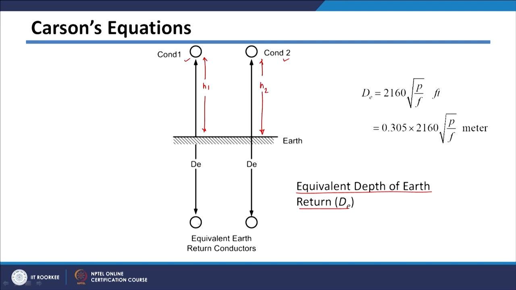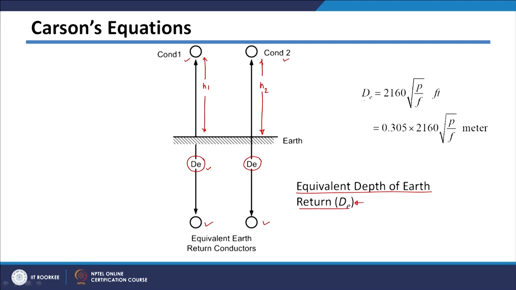So, image of conductor 1 is this one, image of conductor 2 is this one. However, we are not considering these images at exactly h1 distance below the ground. We consider these images at distance d from the earth's surface, or we can say distance between the two conductors, and this distance is called the equivalent depth of earth return. And using this equivalent depth of earth return, we can modify our Carson's equations.